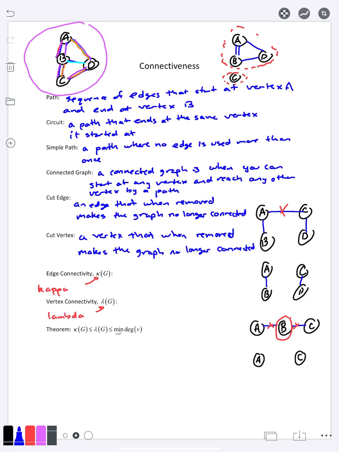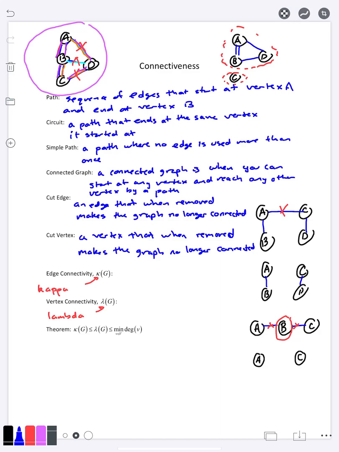And so the idea is, in the case of the bridges of Konigsberg, there was no edge that if you removed it would cause it to be disconnected. However, if you remove all three of those edges, then D would be disconnected from A, B, and C, and it would break it so it's no longer a connected graph.